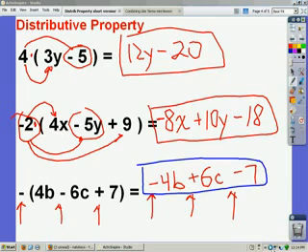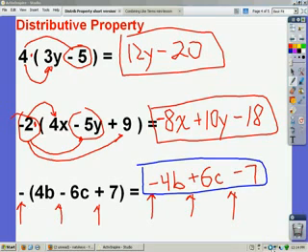Now next, there are 2 things different in the next example. For one, what's inside the parentheses is 3 terms, but no big deal. I just apply it to each term separately. And the second thing that's different is the number in front of the parentheses is a negative number. By now I should become very comfortable multiplying and dividing negative and positive numbers.